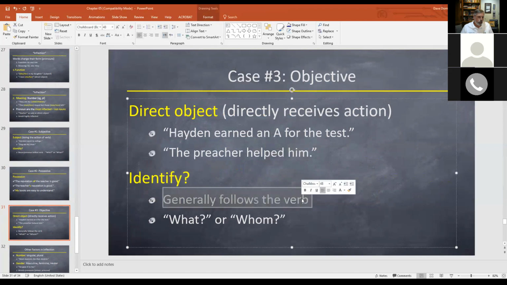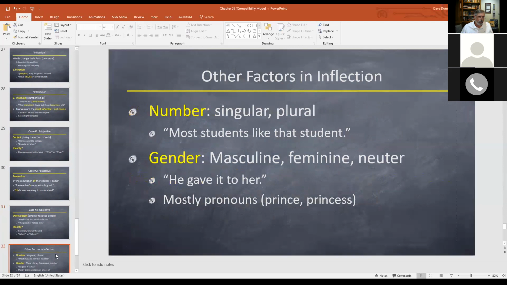Generally, the direct object in English follows the verb. So you have the noun, the subject, and the predicate. Actually, the whole thing is the predicate, and basically the direct object. So there's the subject, verb, and direct object. In English, we're used to that. We don't even think about it anymore.